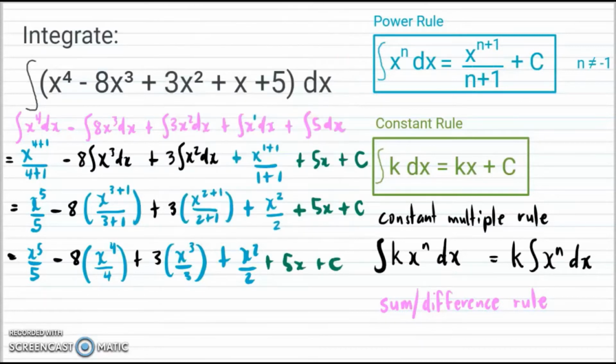And then simplifying, x raised to 5 over 5, this can be cancelled, right? So we'll have only minus 2x raised to 4. Cancel this one, so we have plus x cubed plus x squared over 2 plus 5x plus c. And this could be our final answer already.